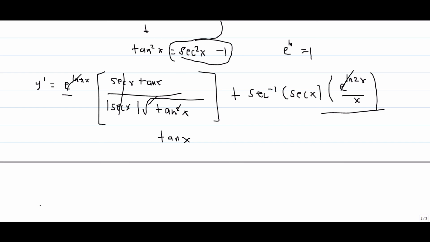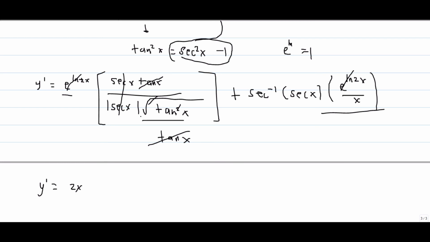Then we have 2x, and tan x over tan x is 1.